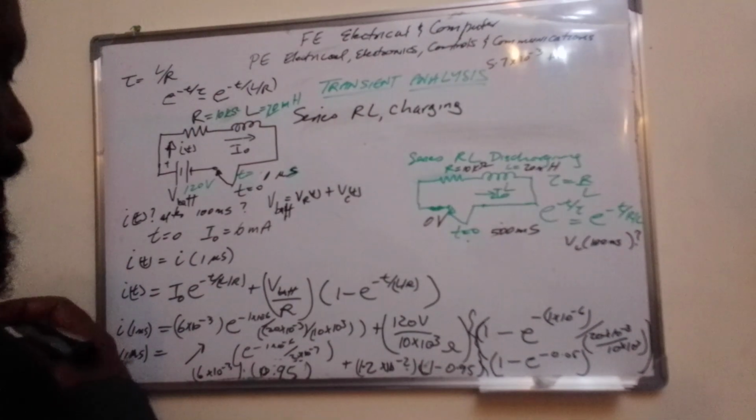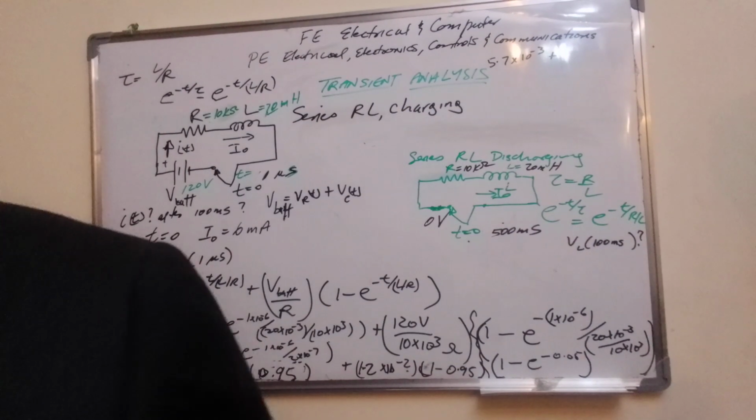Plus this piece becomes, why is that number so small?